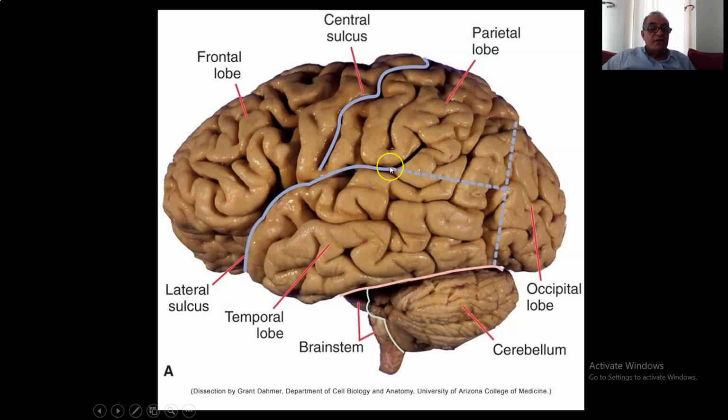And if you extend the sylvian fissure to the middle of the imaginary line, you can divide the four lobes of the brain, which are the frontal lobe above the sylvian and in front of the central sulcus, the temporal lobe below the sylvian fissure and the imaginary line, the parietal lobe behind the central sulcus above the sylvian fissure and imaginary line, and in front of this imaginary line, and the occipital lobe is behind it.